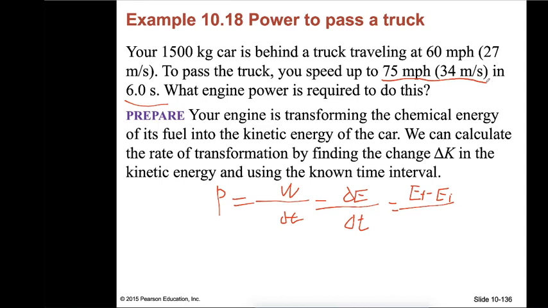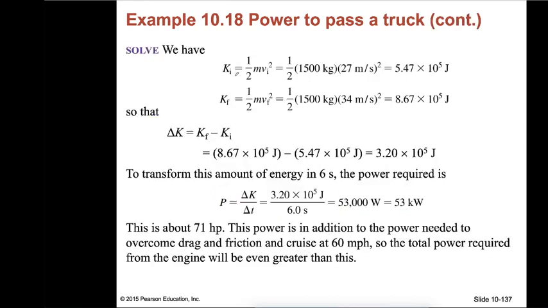Can you calculate the energy, which is the kinetic energy? The answer is yes. It's 1/2 mv squared. Can you calculate the initial energy? The answer is yes. It's 1/2 mv squared. So you know the initial speed and final speed, then you can calculate the initial kinetic energy and the final kinetic energy. Then you have delta K or delta E over delta T, and you get the power. The power is 53,000 watts.